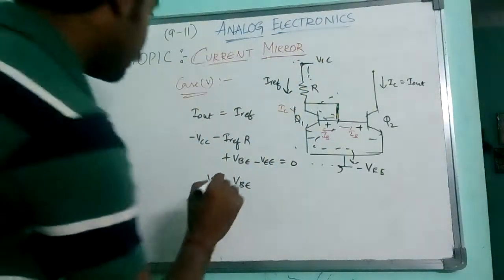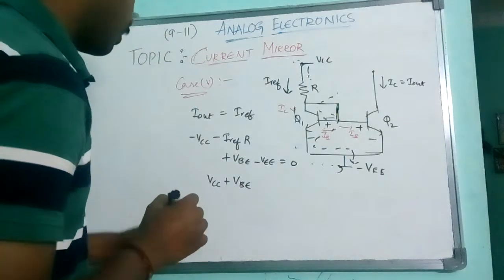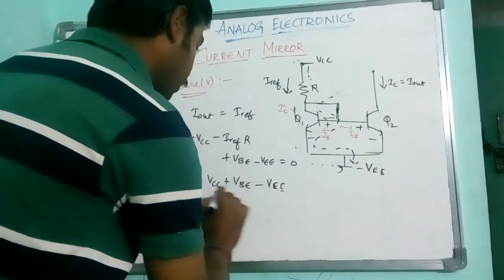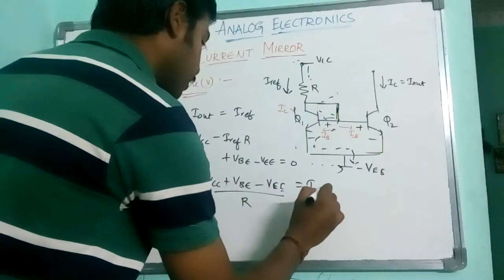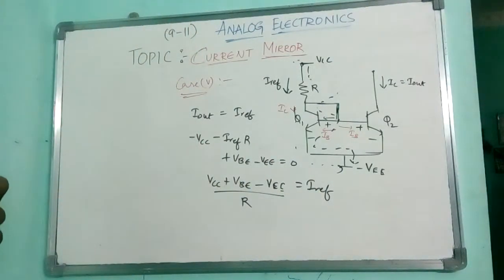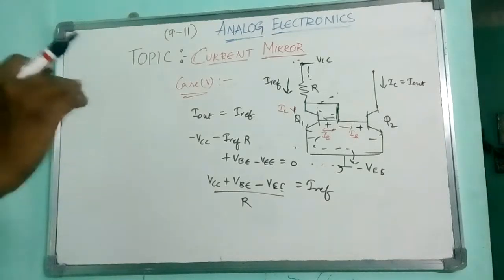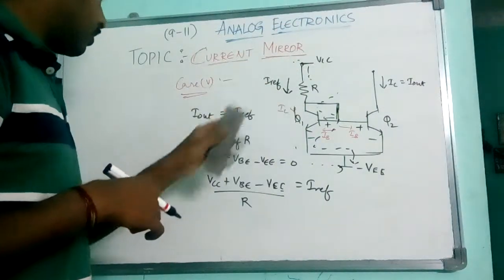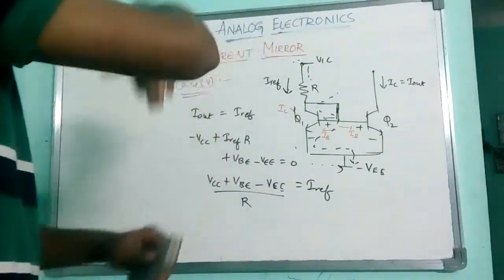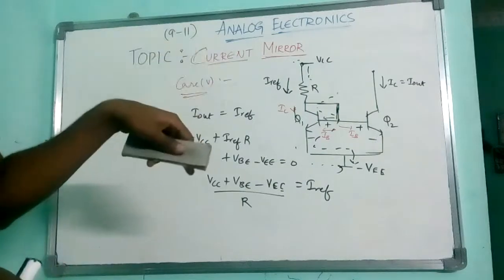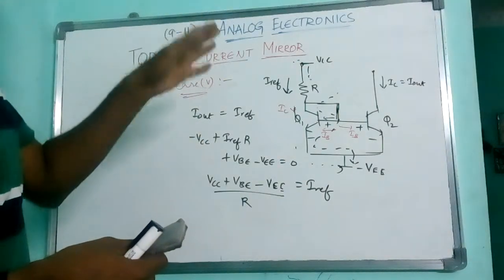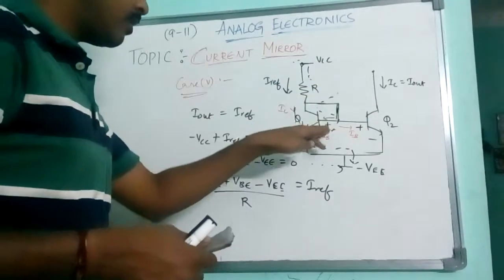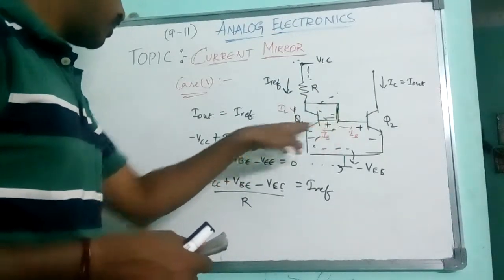So here VCC plus VBE minus VE by R equal to I reference. Did I make any mistakes? Please correct me if anything is wrong. It's coming from VCC, so it has plus only, coming from positive. This is the negative end, minus VCC only, plus I reference into R. Then I got here, this is positive, plus VBE.